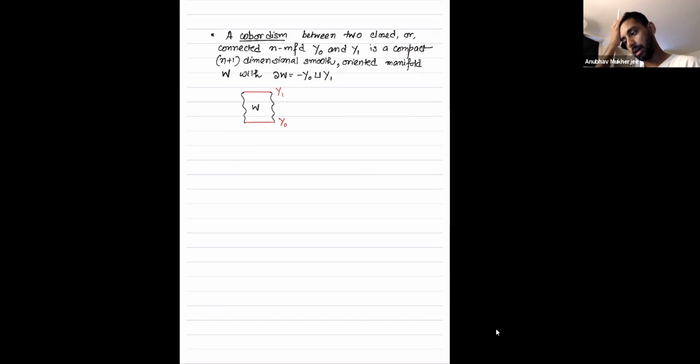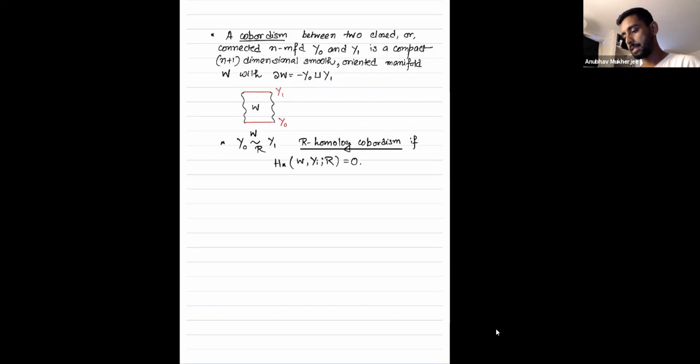Before that, let's recall that a cobordism between two closed oriented n-manifolds Y0 and Y1 is a compact (n+1)-dimensional manifold whose boundary is minus Y0 union Y1. Because W is oriented, that orientation induces a negative orientation on Y0 and a positive orientation on Y1, which is why we consider the boundary as minus Y0 union Y1.